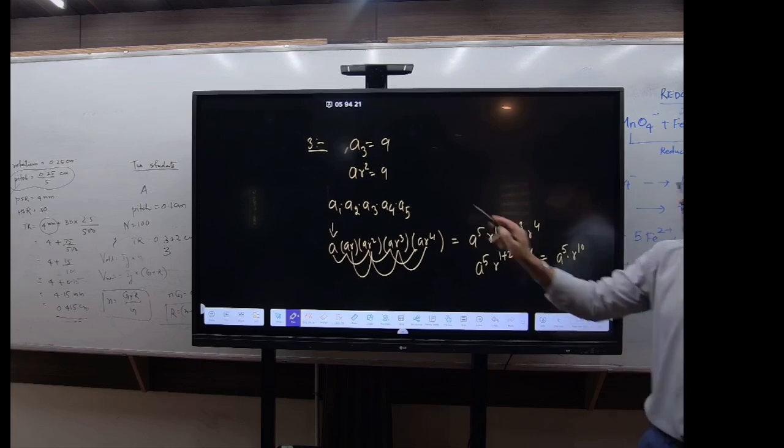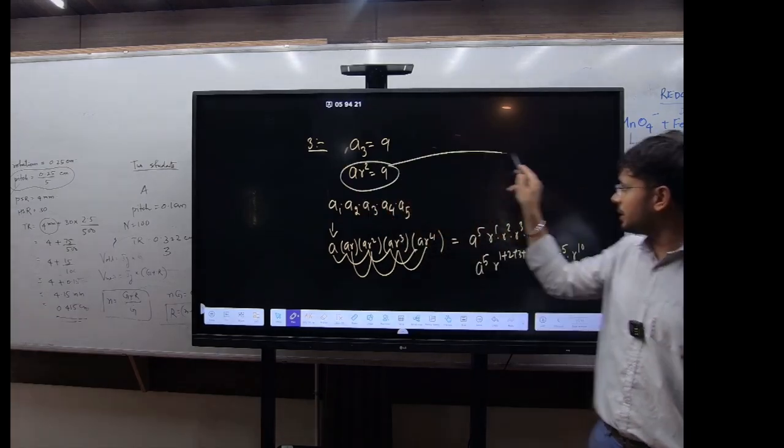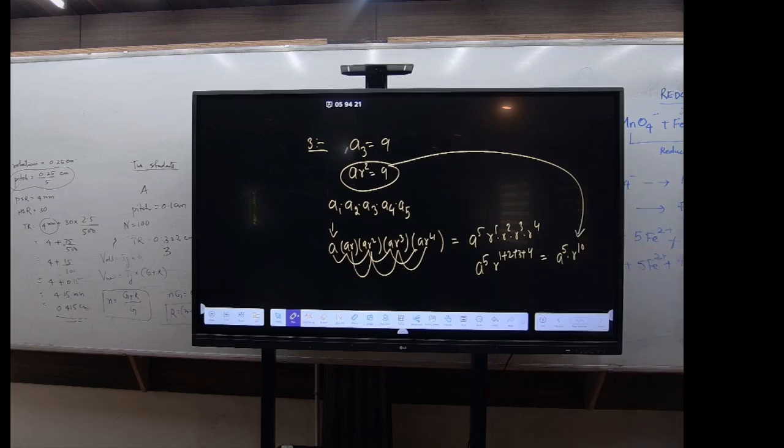But I have to use the given value. From this value, how can I find this value? So AR square is given. If I notice, I will try to convert this into that form. A to the power 5 into R to the power 10, I can write R to the power 10 as R square to the power 5, because R square is given.